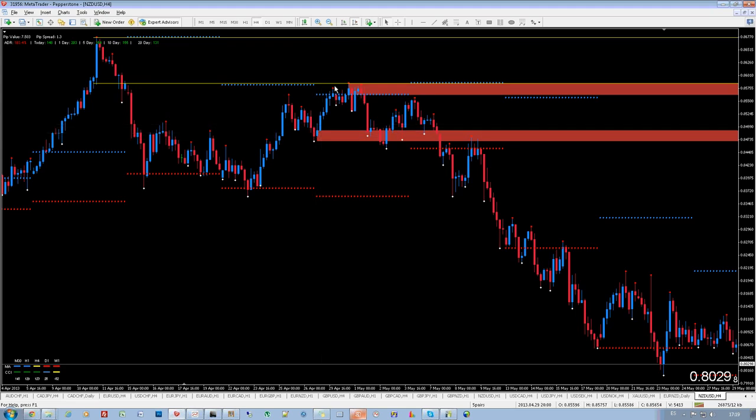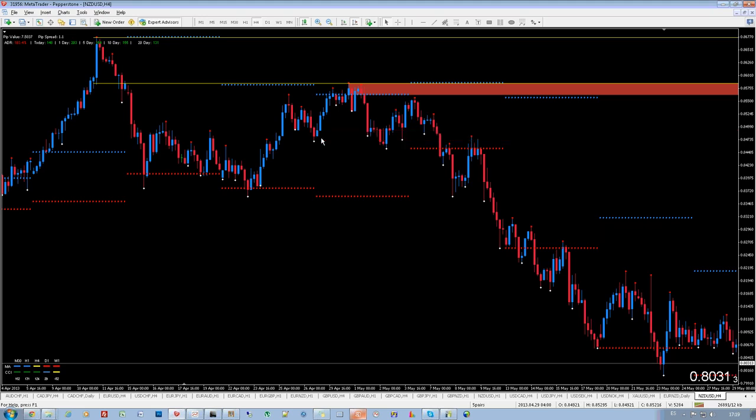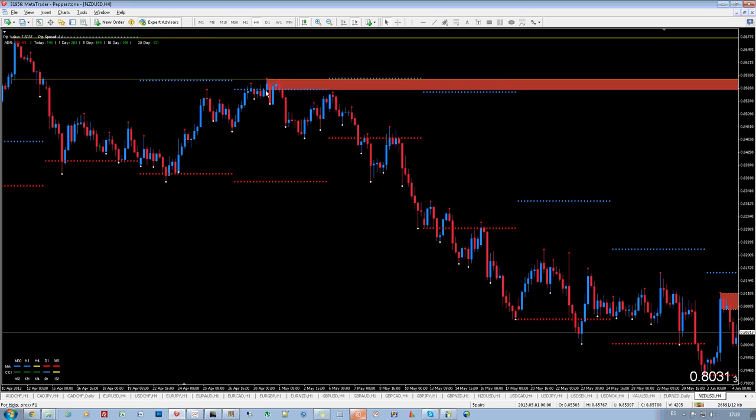On a downtrend, when the daily supply has been hit, the normal thing to happen is that supply areas are going to be respected and demand areas are going to be violated. So this has been violated because this is a demand area when daily is in control. So we have another area over here.